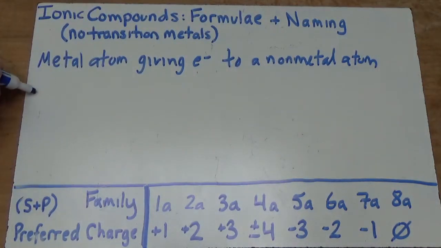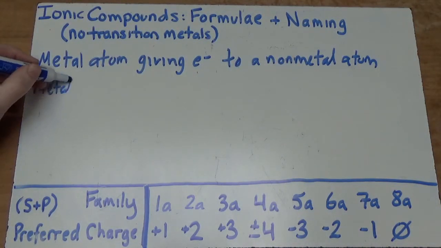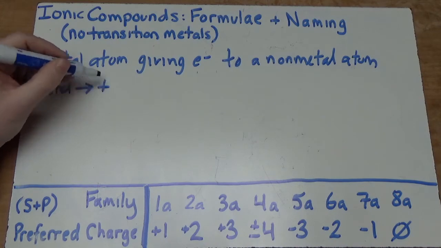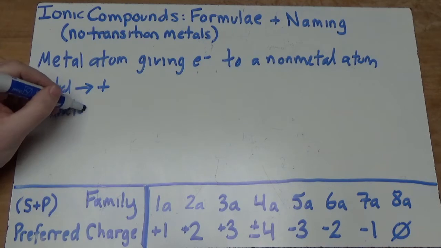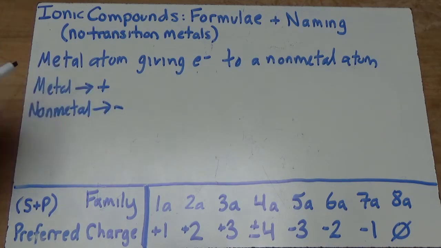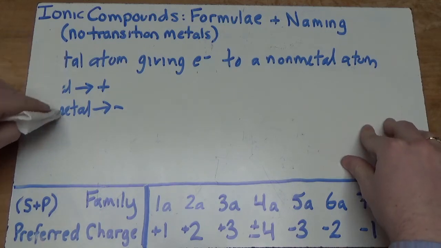This is going to mean that the metal always becomes positive and the non-metal is always going to become negative. This is very important to keep in mind as we continue to talk about ionic compounds, how to name them, and how to determine their formulae.